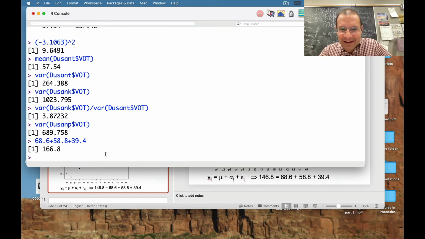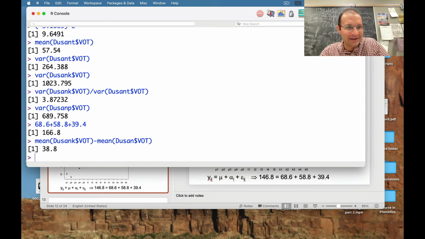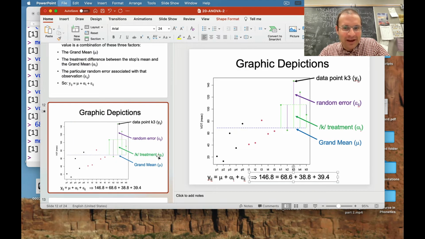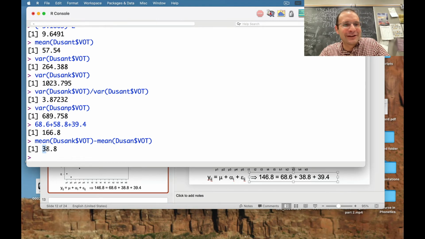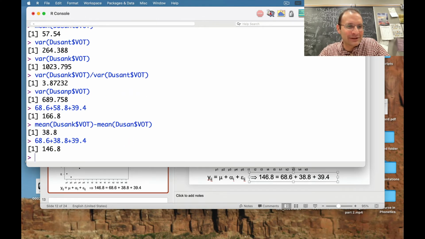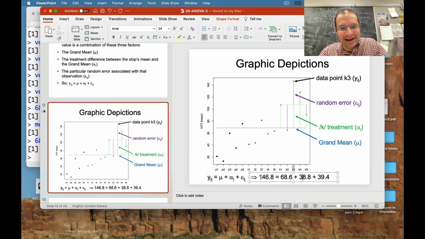Yeah, that's not right. Let me try that again. Sorry. Duchamp K. So this should give us the, yeah, that's where I messed up. I just typed wrong. This is the treatment effect for K. And if we add those up together, we should get 146.8, which is what we have here.